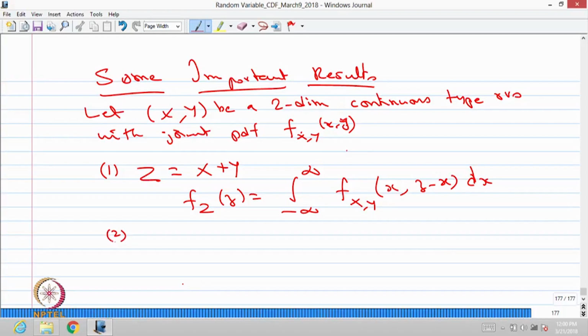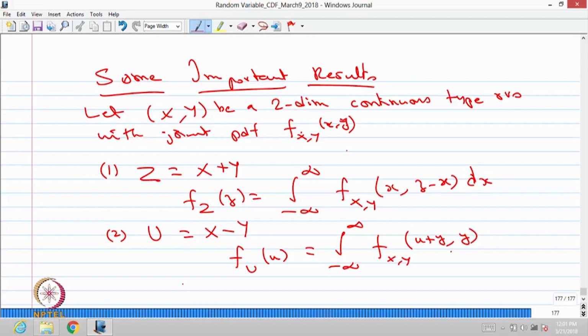The second result, suppose I have another random variable u, that is nothing but the difference of two random variables x comma y, then the probability density function of u as a function of u, that is going to be integration from minus infinity to infinity, the joint probability density function of x comma y by replacing x by u plus y and keep the other variable y as it is, integration with respect to y.